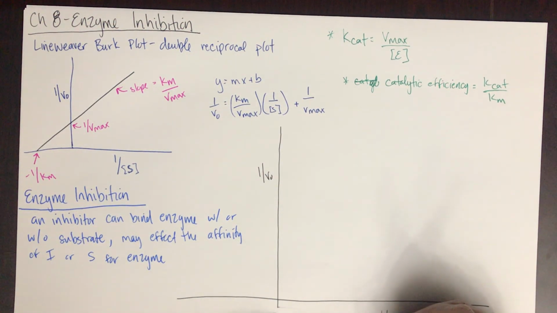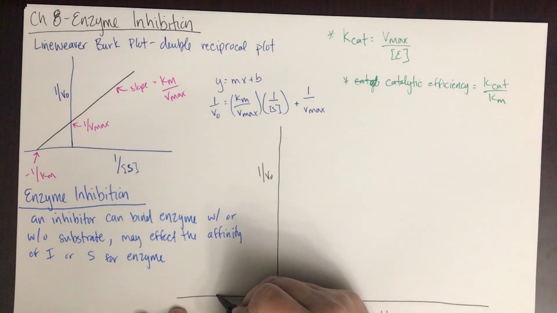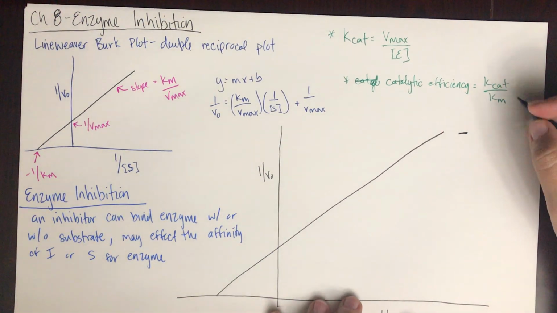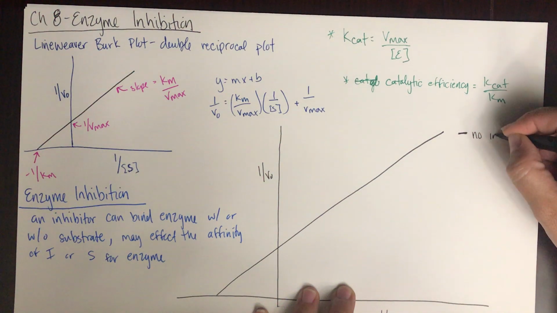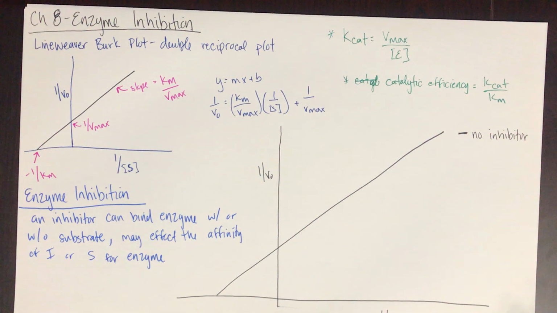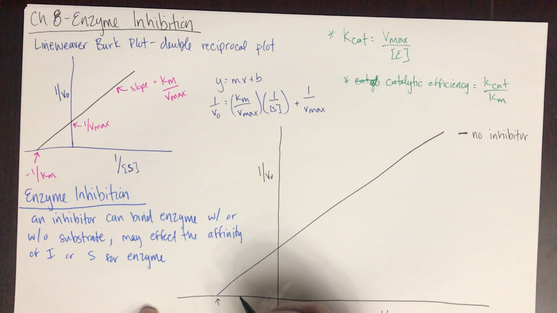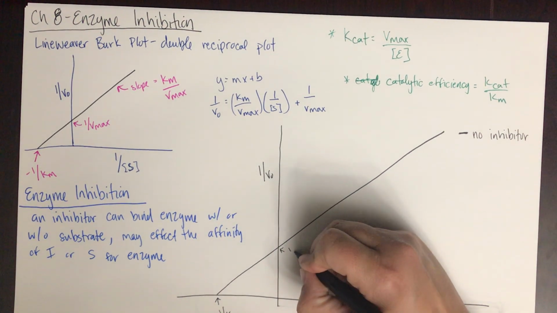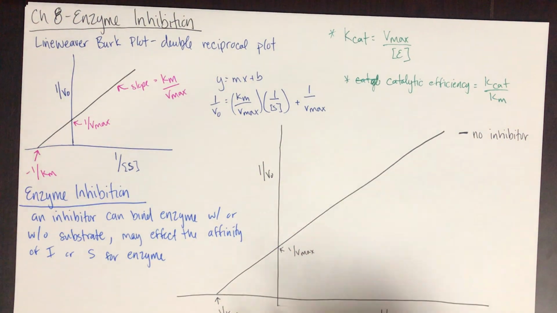This is 1 over substrate concentration. And this black line here is no inhibitor. So with no inhibitor, again, this is -1 over the Km, and this is 1 over the Vmax.